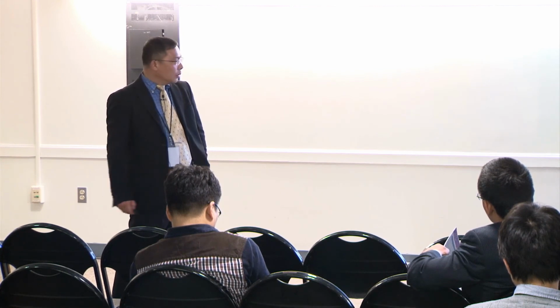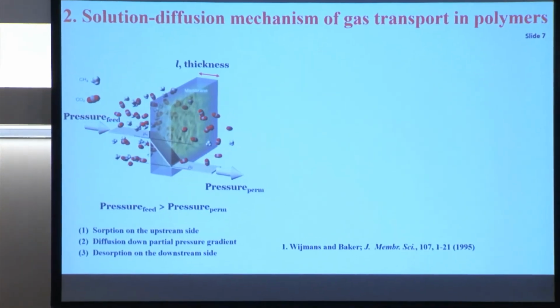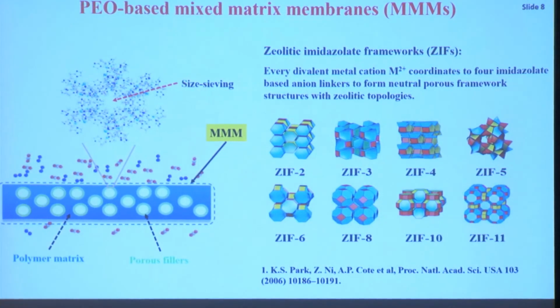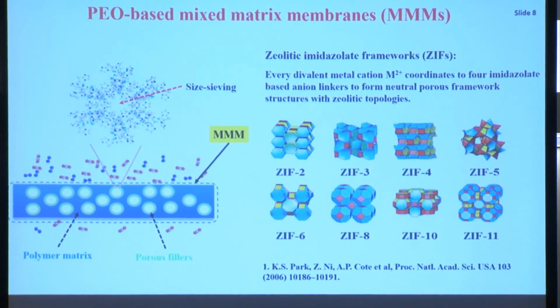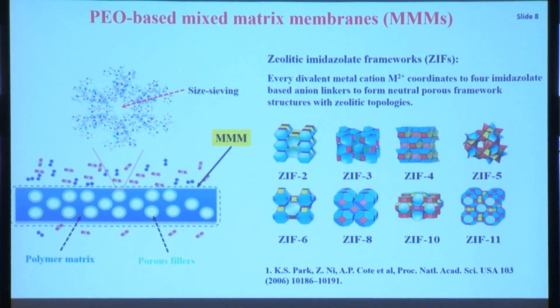The polymer is used as the mixed matrix membrane, and the ZIF-8 is loaded in the membrane. That depends on the experimental process. Here I didn't show it in detail, but it has been published in the Chemical Engineering Journal. You can see it.